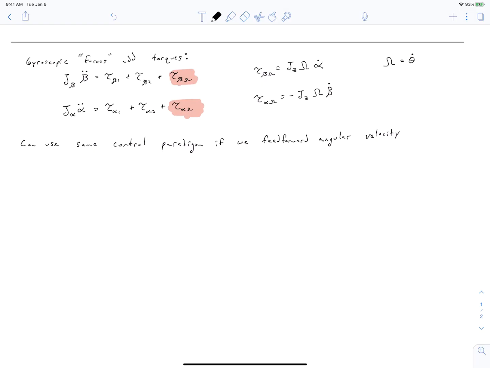And so we're actually able to use the same control paradigm that we've been developing over the last several videos if we properly compensate for these gyroscopic forces. And we can do this with a feed forward. So writing our differential equation from our previous video and then modifying it by our new gyroscopic torque, we get the following.